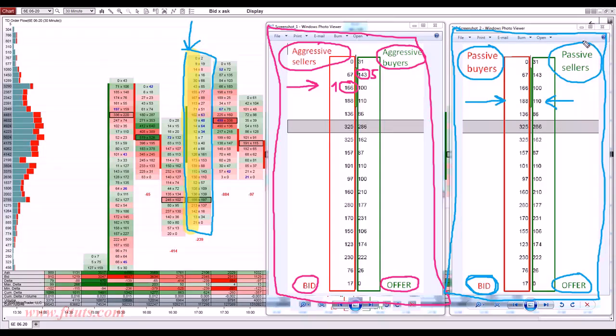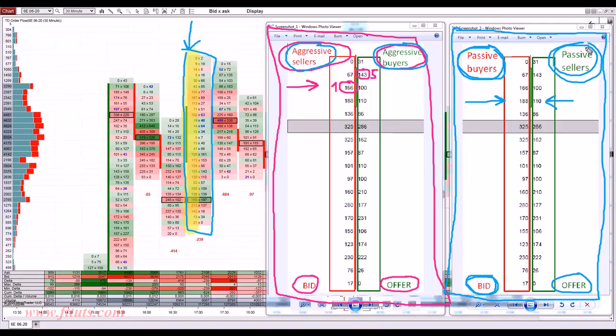So passive sellers are on the offer side. Now, the tricky part with order flow is, as you can see, on the bid side, you can have aggressive sellers as well as passive buyers. And on the offer side, you can have aggressive buyers as well as passive sellers.